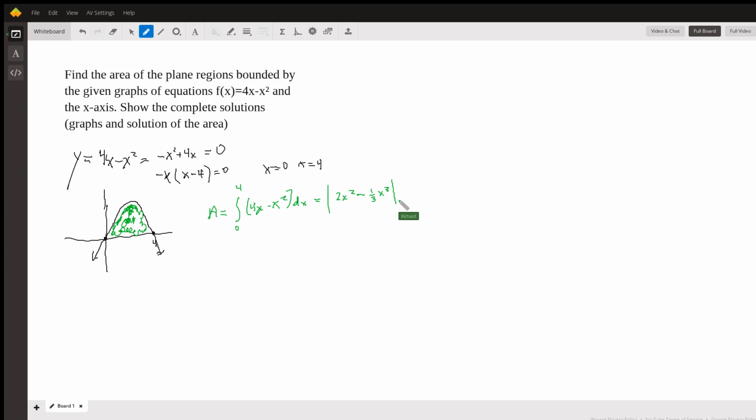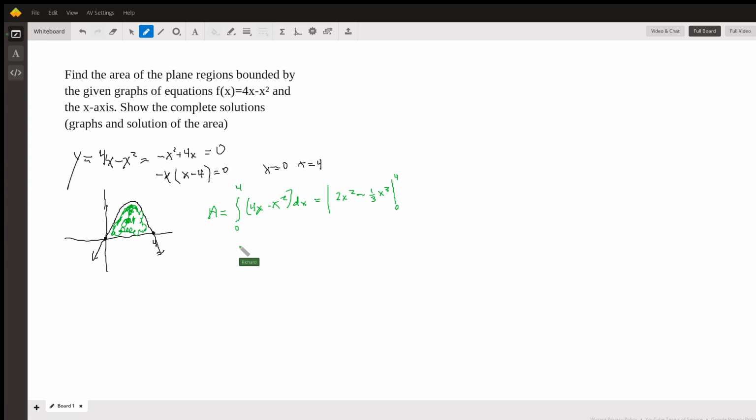And we want to evaluate that from 0 to 4. So this should all be very familiar to you. If you differentiate 2x squared, you're going to get 4x. The 2 is going to multiply by the 2. You're going to get 4, and the power goes down. These are both power rule forms of antiderivatives. And when you differentiate this, you're going to get 3 times a third, which becomes 1, and then x squared. And so this is very, very easy.